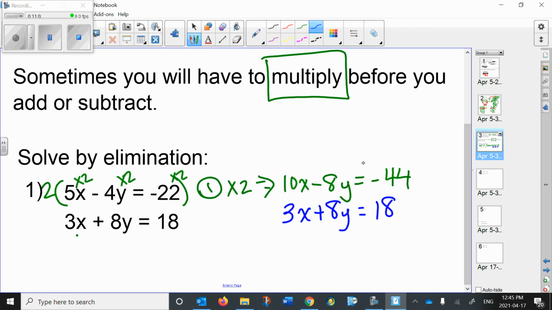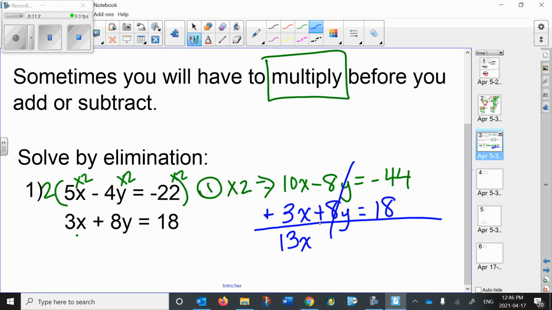And then what you can see is these two here, they're the same value except opposite, so they're going to give you a 0 pair, right? So really basically what I'm doing is going -8 plus 8, and I get 0. I have to do that for the whole thing, so 10x plus 3x is going to give me 13x.